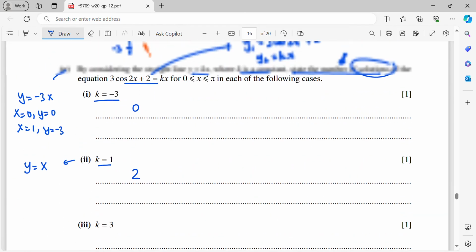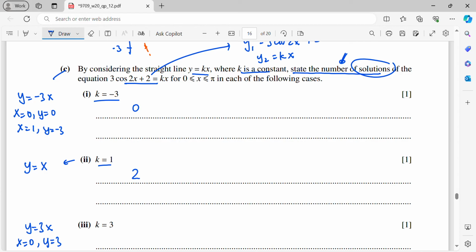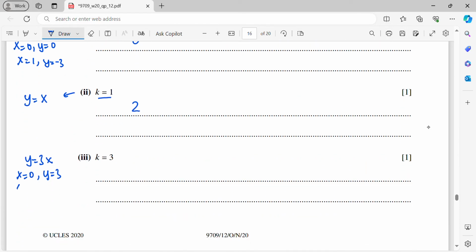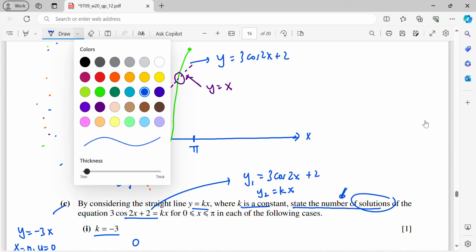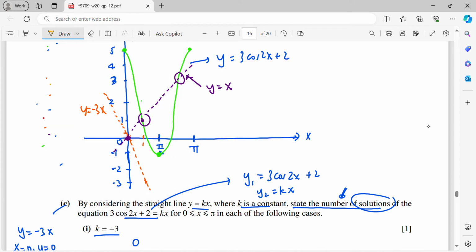Okay, lastly, y equals 3x. When x equals 0, y is 0. When x equals 1, y is 3. So 0, 0 and 1, 3. So now I use another line, and from here we join.